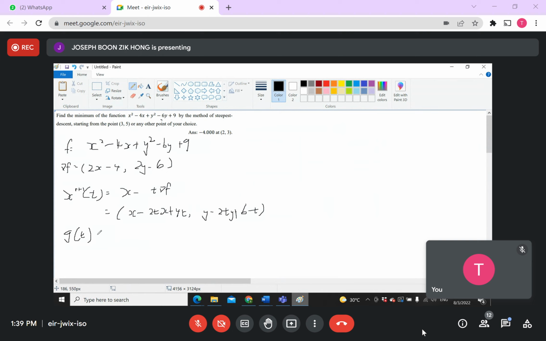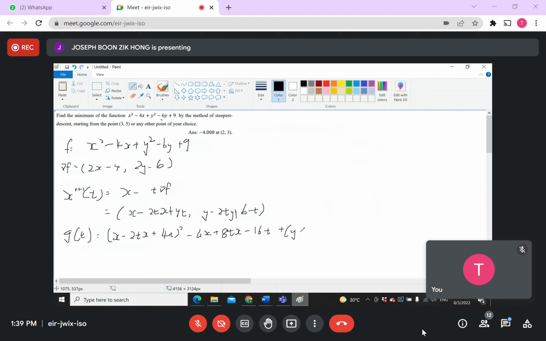So x squared will be this whole thing squared. So (x minus 2tx plus 4t) squared, and then minus 4 times this one, so minus 4x plus 8tx, and then minus 16t, and then plus y squared.